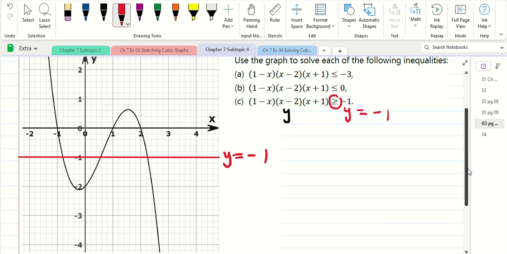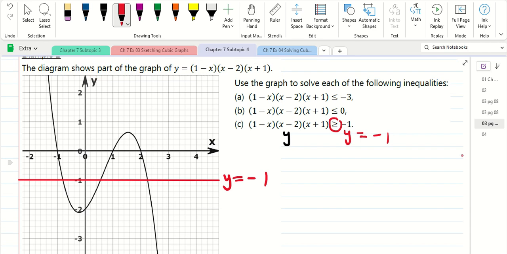So the part of the graph that is above y equals negative 1 is going to be here, this part of the graph, and also this one. There are two regions or two inequalities that you have to figure out. For the first one, this is going to start from x equals a number over here.